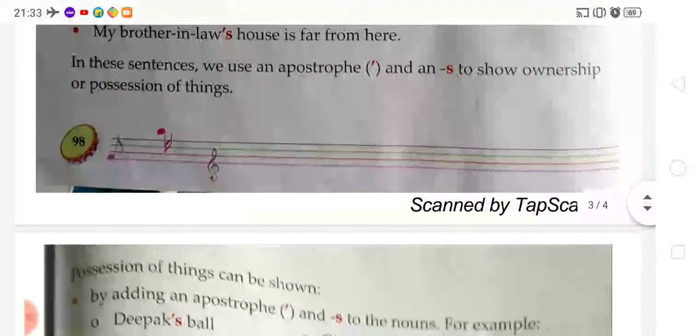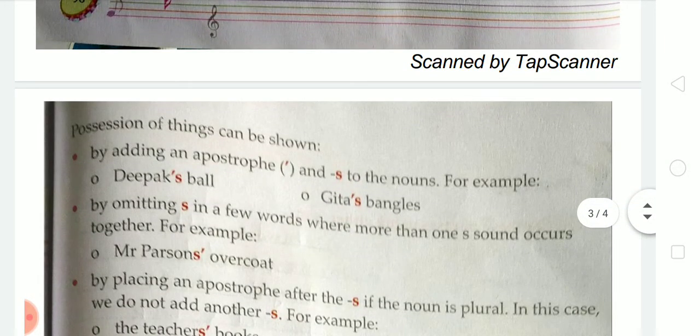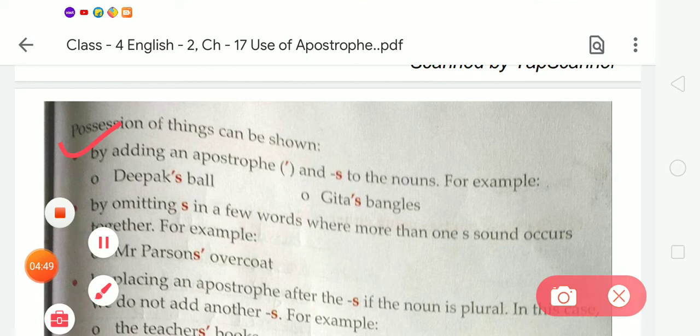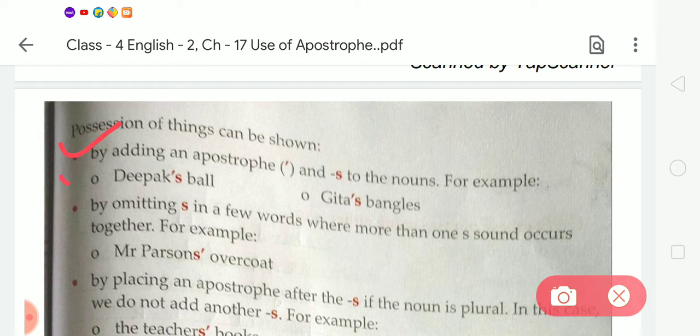Next, possession of things can be shown like this. Here are many more examples. By adding an apostrophe and s to the noun, for example, Deepak's ball and Geeta's bangles. By omitting s in a few words where more than one s sound occurs together, for example, Mr. Parason's overcoat.